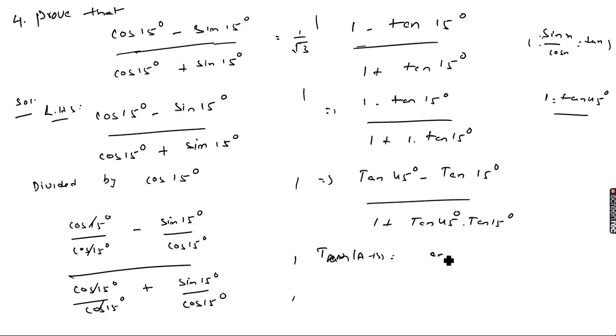What is the formula for tan A minus B? Tan A minus tan B by 1 plus tan A into tan B. This is the formula.